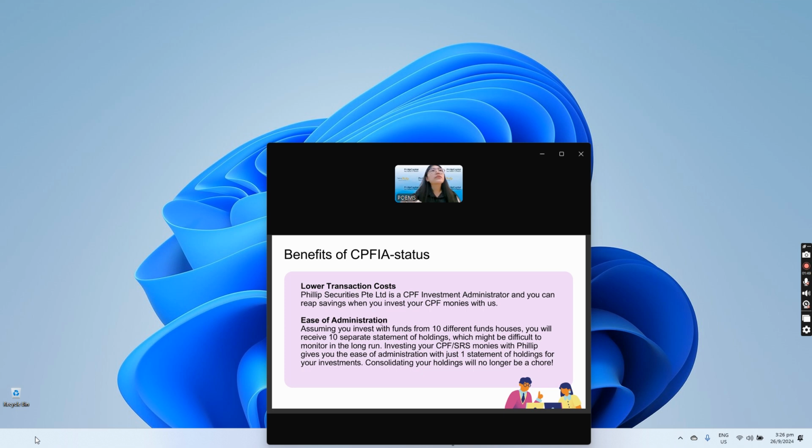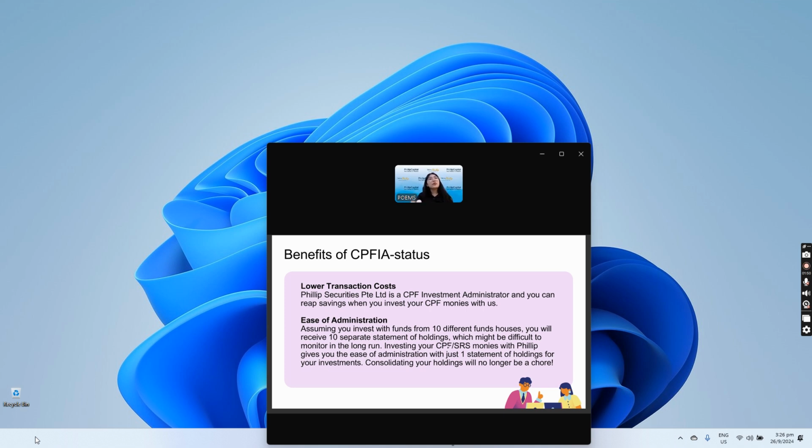Next, ease of administration. Assuming you invest in funds from 10 different fund houses, you will receive 10 separate statements of holdings. For example, one statement from Nikko, another from Schroder. It might be difficult for you to monitor, because you have so many different PDFs and e-statements, so many files to monitor.